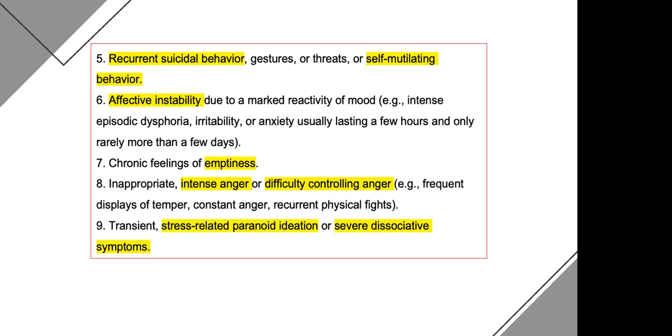Seventh, they have a chronic feeling of emptiness. Eighth, they have inappropriate and intense anger or difficulty in controlling their anger. And ninth, they have stress-related paranoid ideation or severe dissociative symptoms. Next.